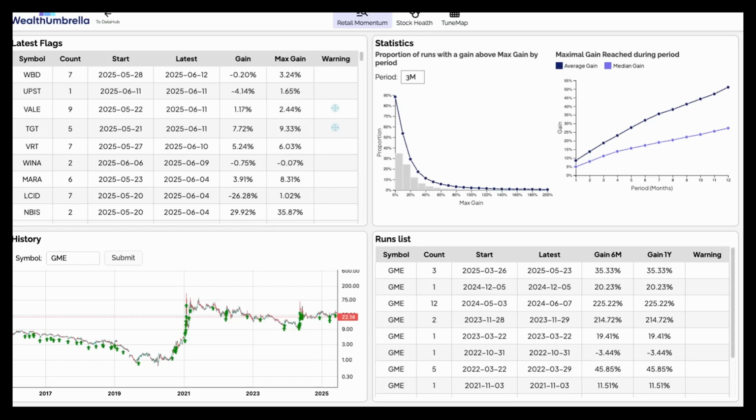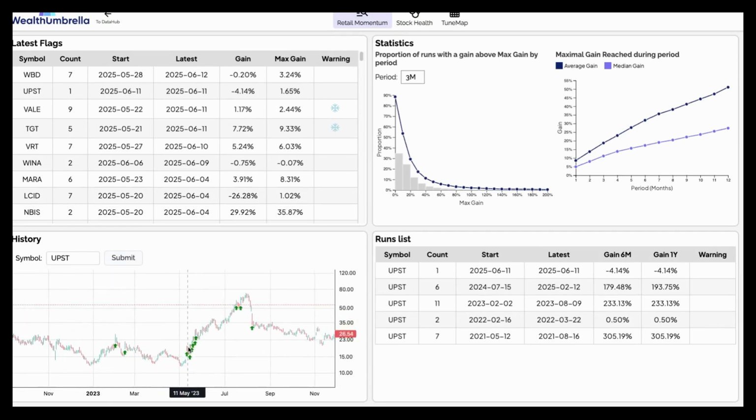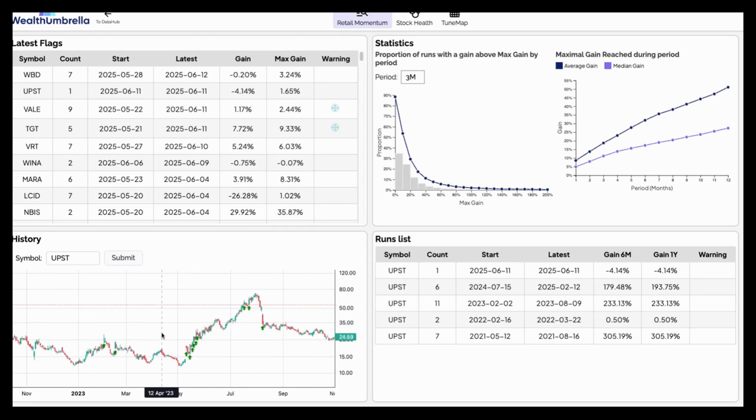So how did we package this into a tool? First, we defined our flags as what we call a run. The idea behind the run is to look at the flags not by themselves, but as a group.